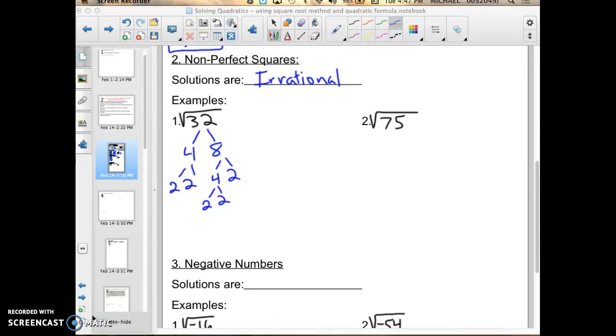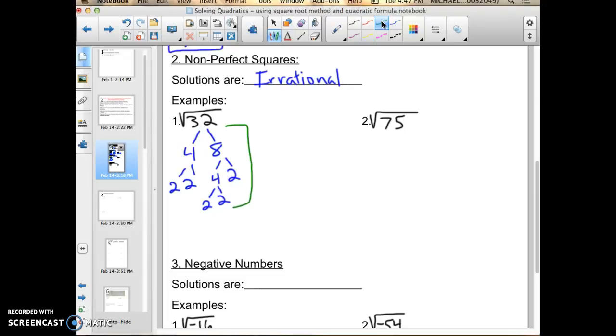Now at this point, I've completely broken down the number 32, or the square root of 32, as much as I can. From this step now, after I've done the prime factorization, I can't break anything down anymore. You need to get to this step. And I need to be able to see this work before I can answer any questions. So I need to have you do the factor tree.